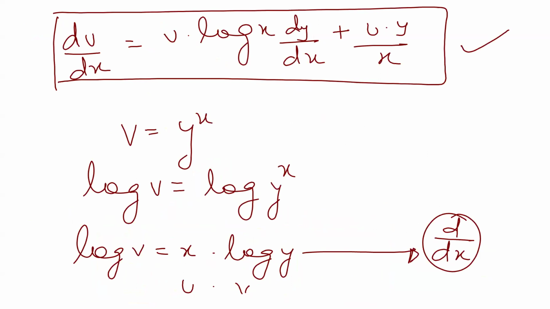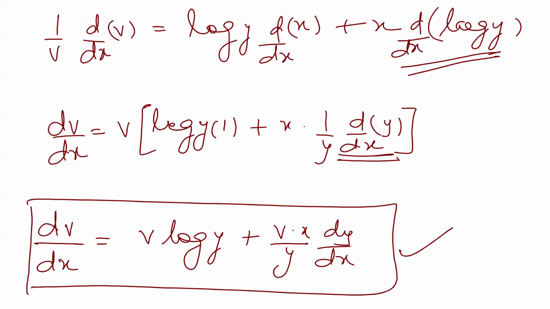After completing du by dx, I started with v to find dv by dx. For v also, I'm using logarithmic differentiation. This is the fourth slide. I calculated the value of dv by dx. Now, once I calculate du by dx and dv by dx, I'll put this in equation number 1.